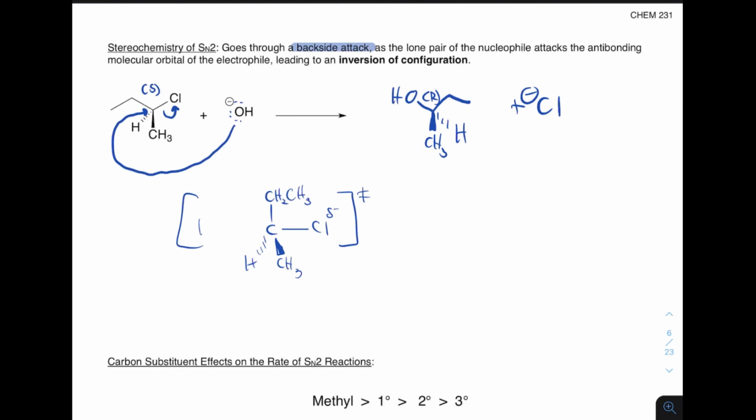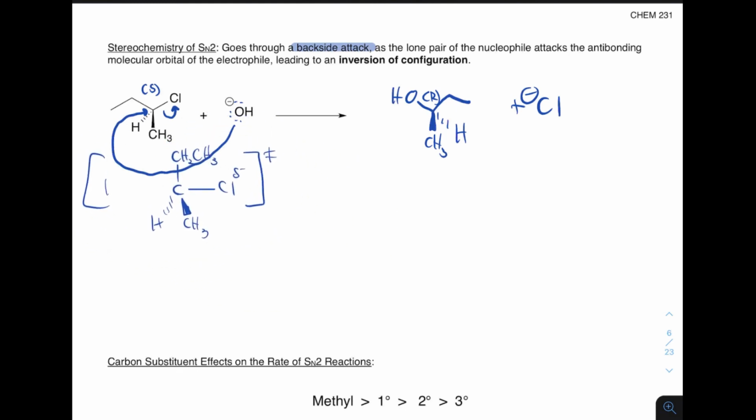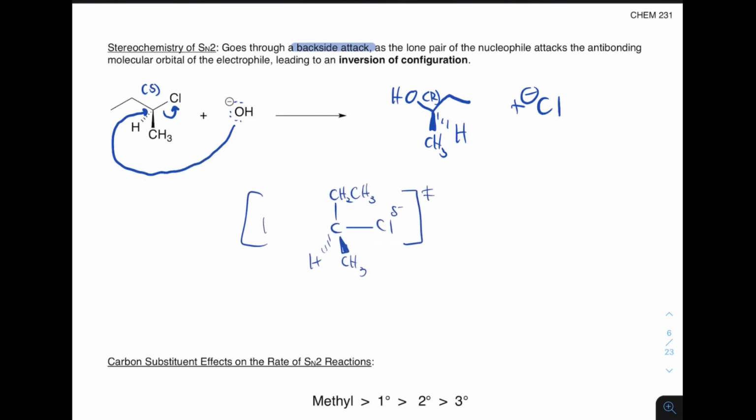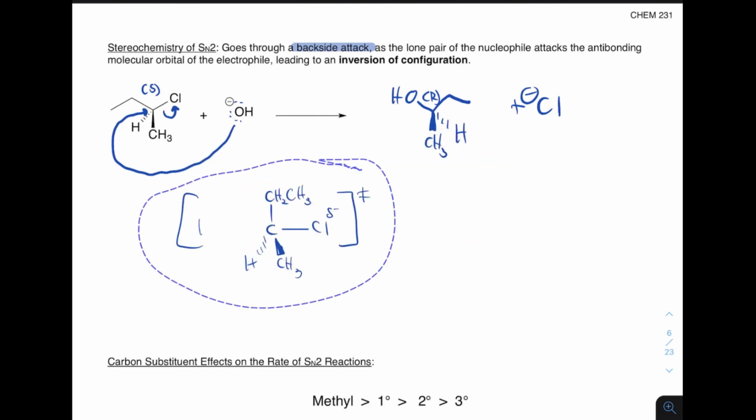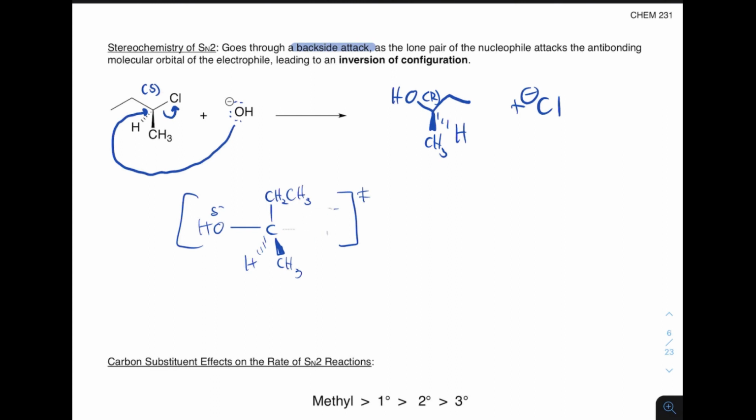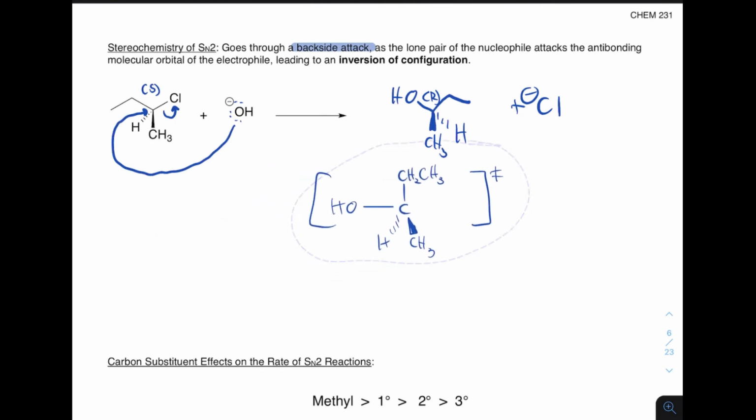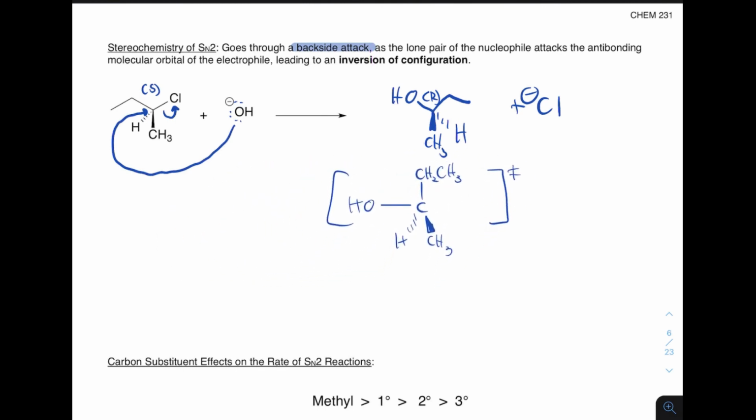Initially we had this molecule, and then on the other side, when this chlorine leaves and all that's left is the hydroxide anion, we have our final product. You see that? Hopefully that makes sense.